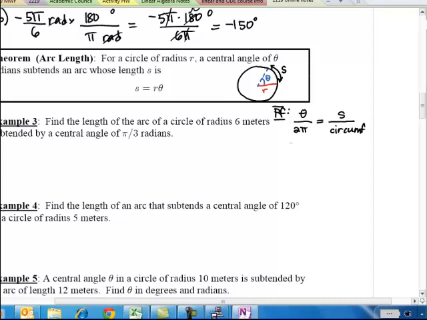So that means that theta divided by 2 pi is the same as s divided by 2 pi r. And what we're looking to do here is solve for s. So this would imply that s is 2 pi r times theta over 2 pi. And the 2 pi's cancel. And so we've got this formula that s is r times theta.